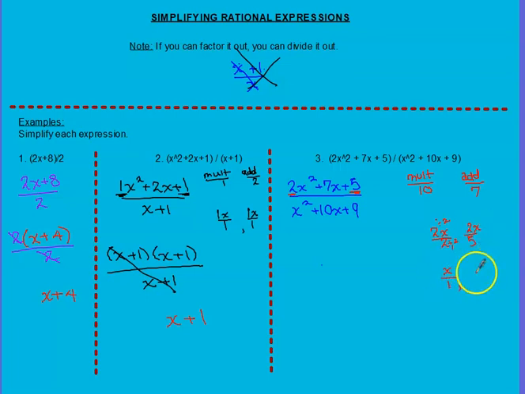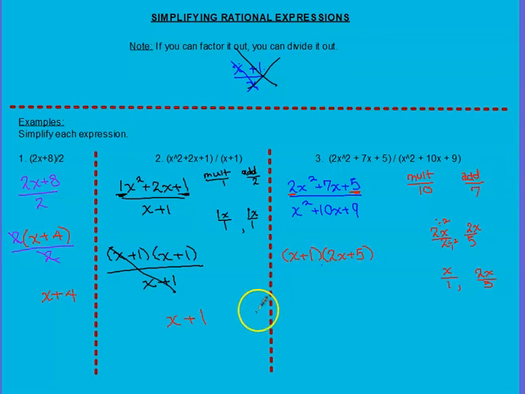And in the second fraction, I have nothing, so I'm just going to bring it down. And again, the first fraction represents the first parentheses. So x over positive 1 is x plus 1. And then 2x over positive 5 is 2x plus 5.